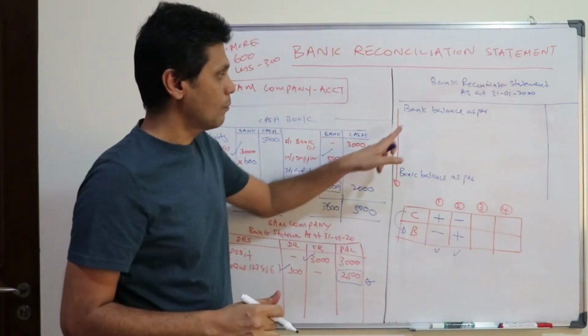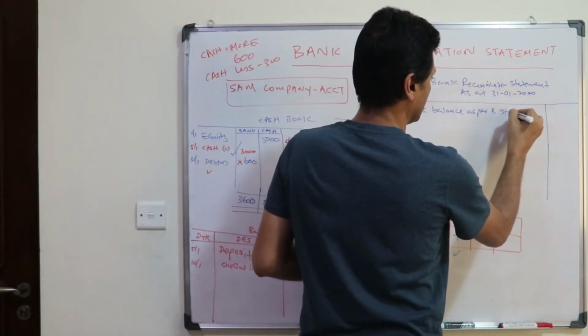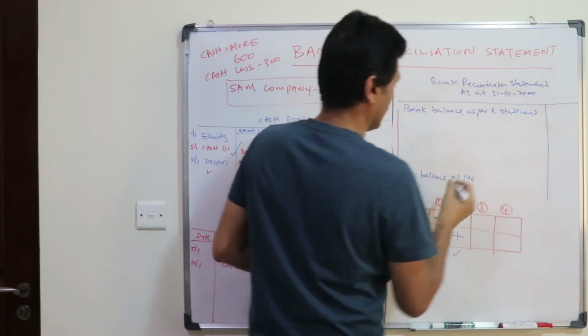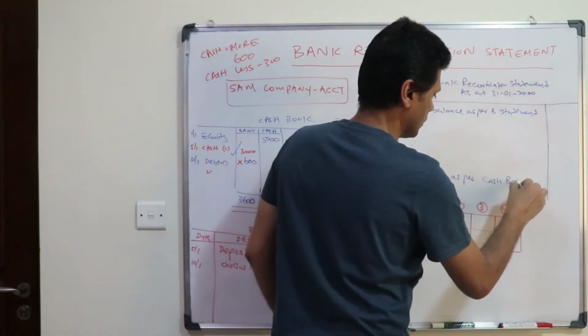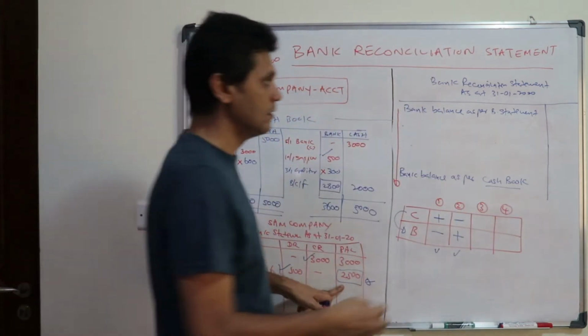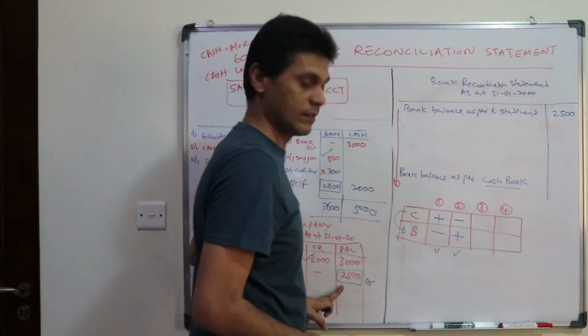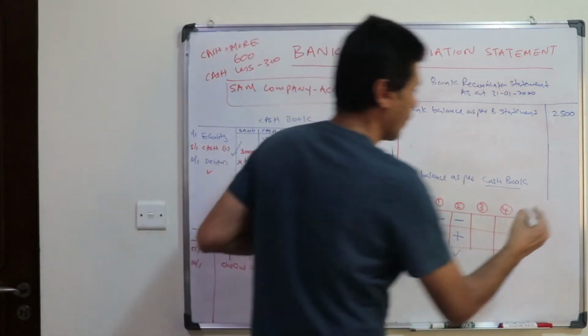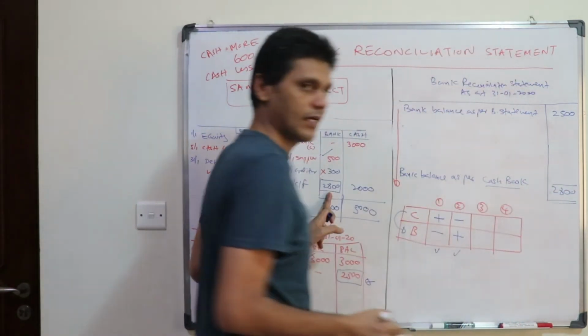So bank balance as per bank statement, bank balance as per cash book. What is the bank statement balance? 2,500. Cash book balance? 2,800. Which means you need to add 300.